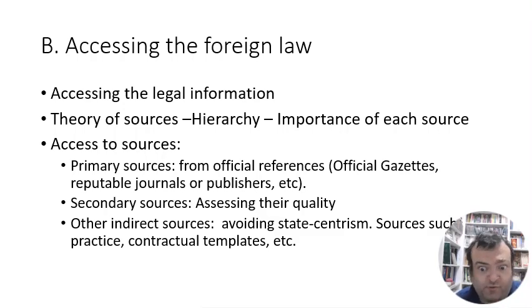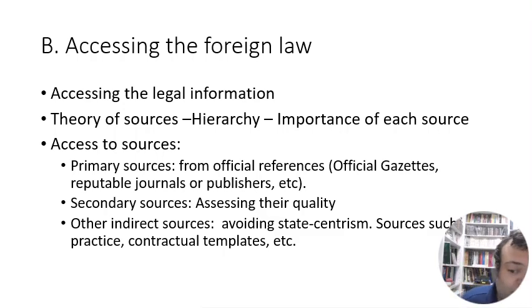Pierre Legrand, who is from the hermeneutic school, if you remember, says no. The purpose of comparative law is not to show unity, because this unity does not exist, because every system stems from a different mentality. Therefore, the purpose of comparison is not showing similarities, but understanding differences.